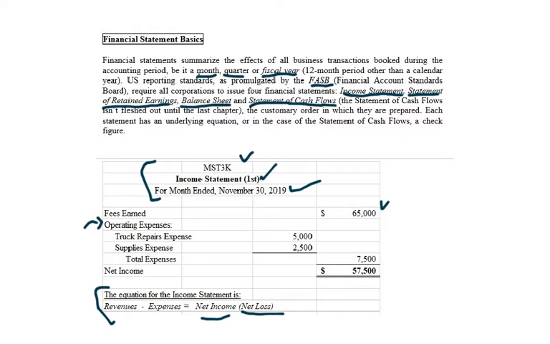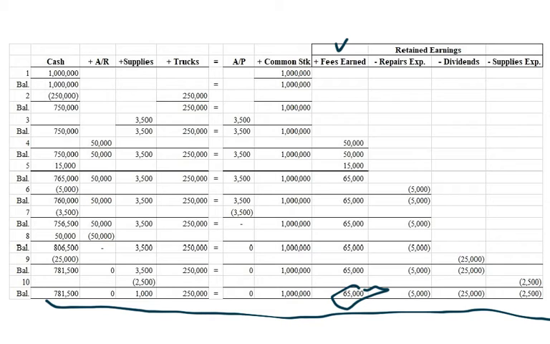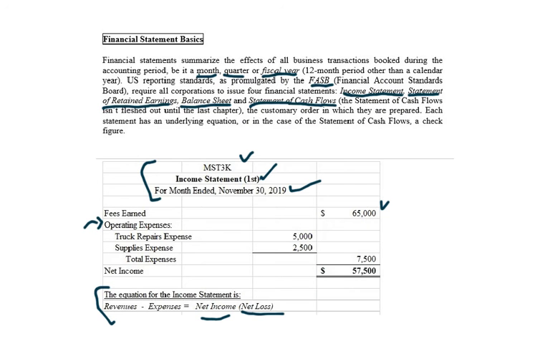We'll talk about which ones aren't in the account classification video, but for now it's reasonable to say the ones we had here, repairs expense and supplies expense, which were $5,000 and $2,500, are operating expenses, so I just listed them out right there, as any other company would do. They total $7,500. Take the difference, and you get $57,500 as your net income. Now you'll notice that I bolded this amount because this is what you're going to observe.